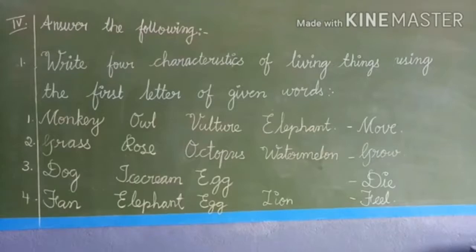And for the fourth question, F from fan, E from elephant, E from egg, and L from lion. So the answer is feel. So what are the answers, children? First one, move. Second one, grow. Third one, die. Fourth one, feel. Clear, children?